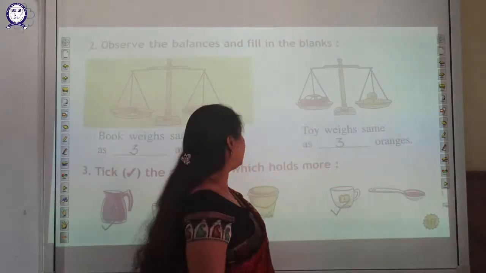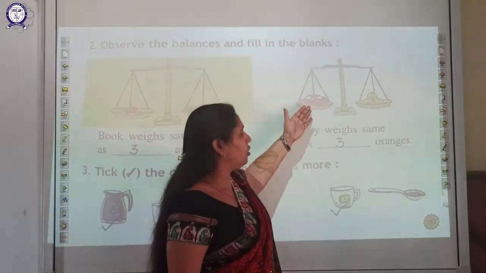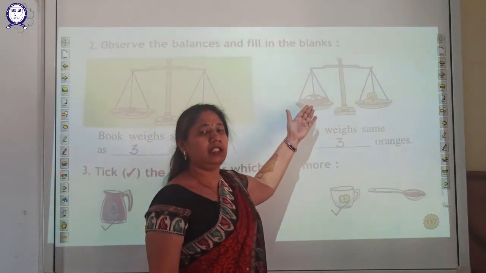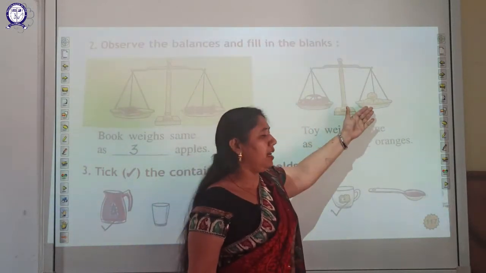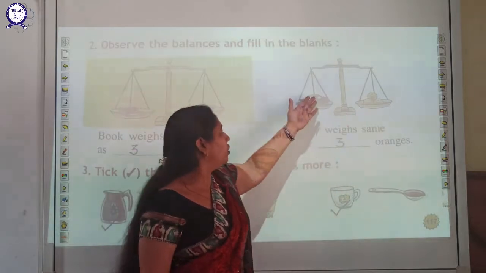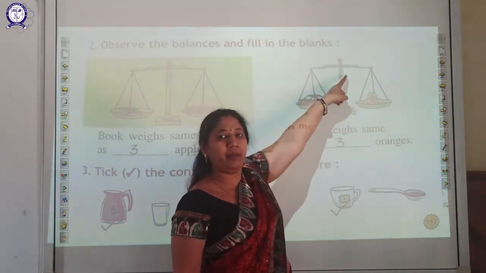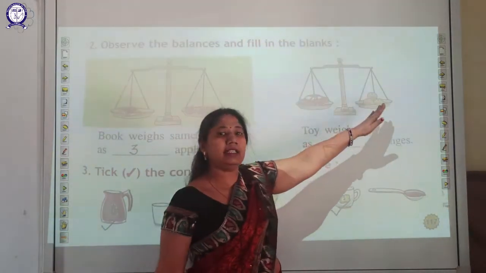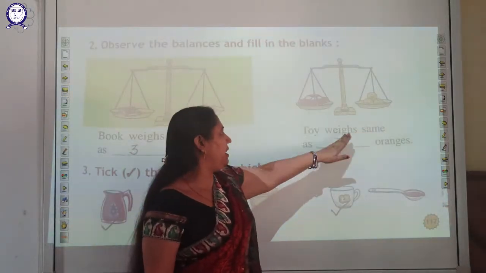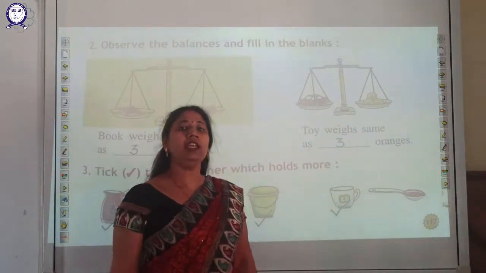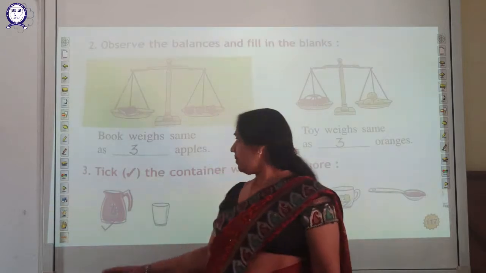Come to the next. Toy. Here is a toy car and here are 3 oranges. So the pointer is in the middle. So these are the same. So toy weight same as 3 oranges.